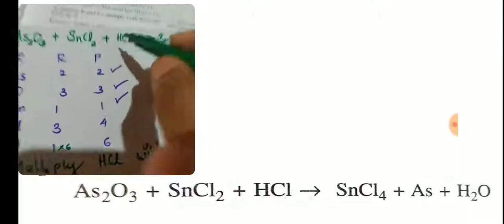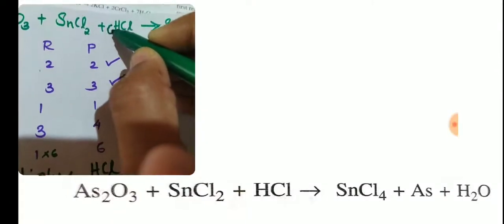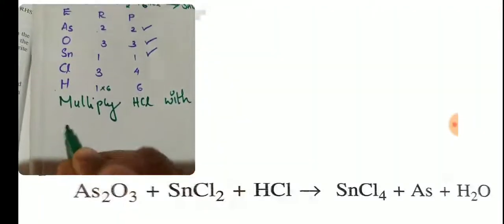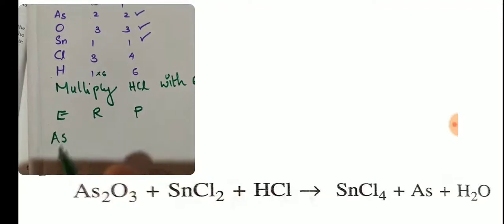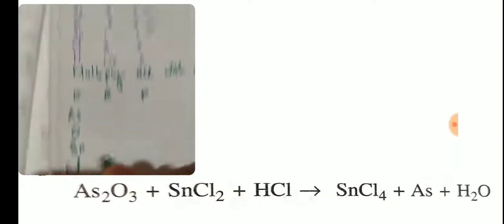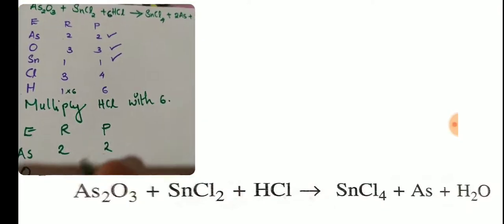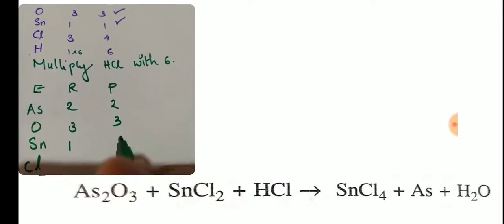Same here, I am writing, just for our ease, multiplying here only 6 HCl. So how will our equation come? Element, reactant, product: arsenic, oxygen, tin, chlorine and hydrogen. Now arsenic is 2, oxygen is 3, Sn, tin is 1.